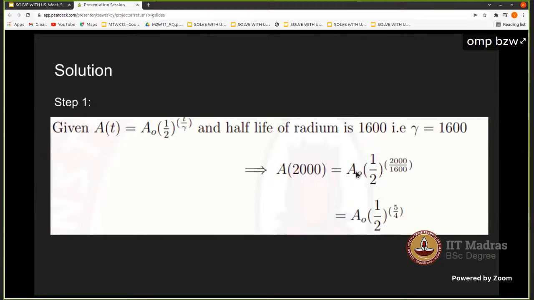So what we have to compute is... I have a question. How to solve half to the power 5 by 4? How can we simply solve this without a calculator or any other equipment? Without a calculator, it is not possible. But we provide you a calculator, right? Okay, sir. See, what I can give you is it will be 1 by 2 power 1.25, right? 1 by 2 power 5 by 4, the fourth root of 32.